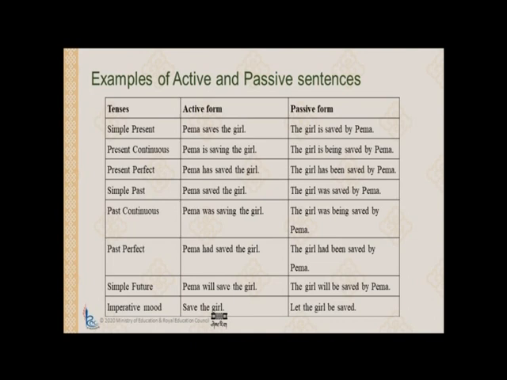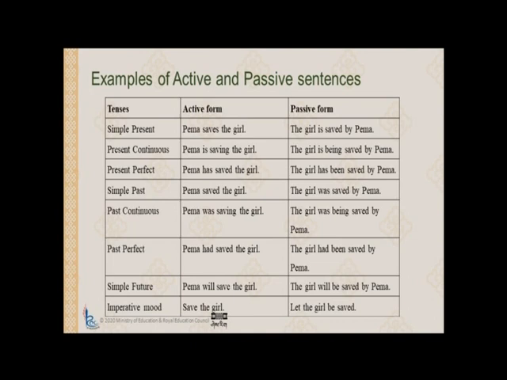Let's see the present continuous form. Pema is saving the girl. The same again, Pema is the subject, is saving is the verb, and the girl is the object. The girl is being saved by Pema.